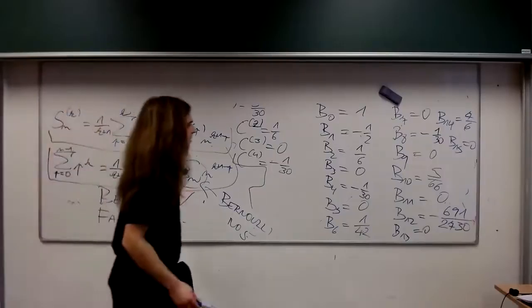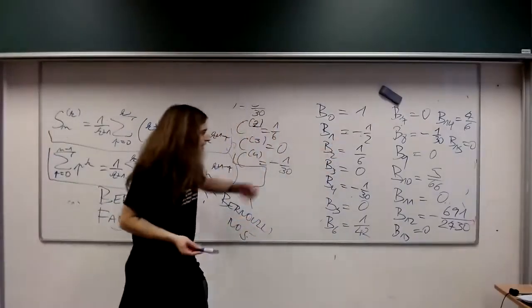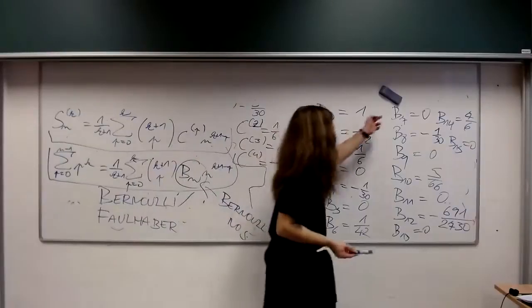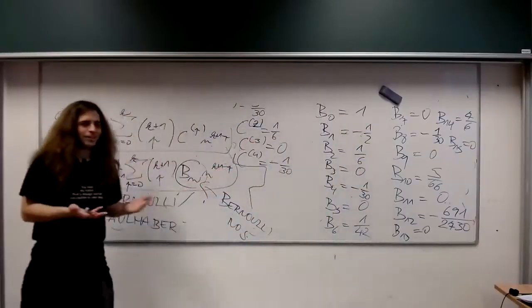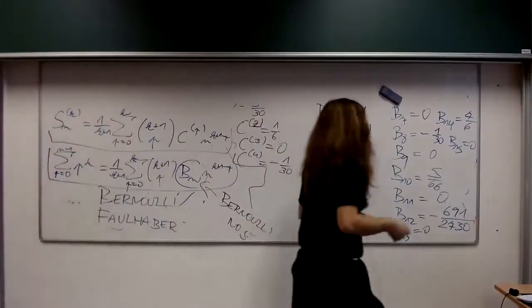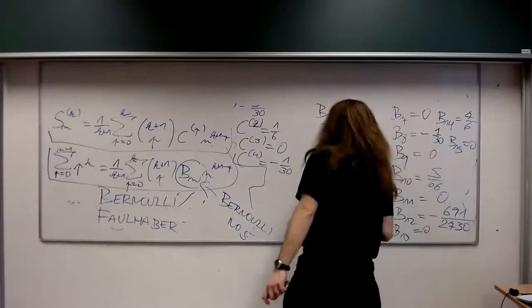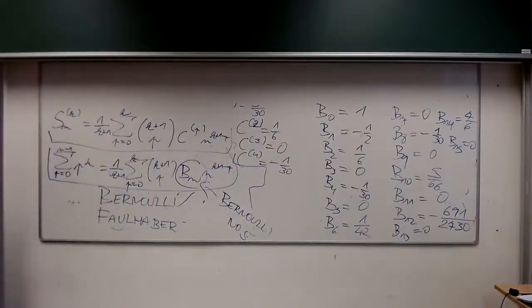As we see, B1 was minus 1/2, but then every odd B was a 0. Well, is that just by chance, or is it some pattern that we can see? And that's the question that we will answer right now.